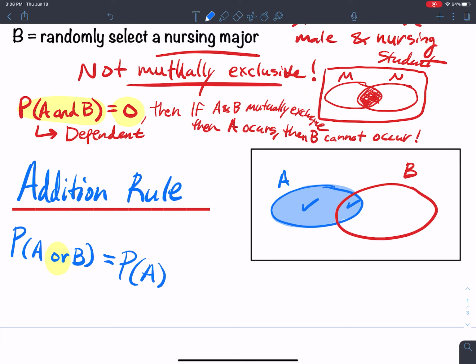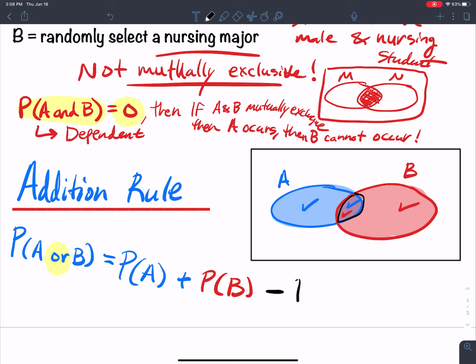And then plus the probability of B. The probability of B will be this area and this area, and so I would shade here and in here. But there's a problem. What's the problem? I accidentally counted the middle twice. So I need to get rid of the middle, the intersection.